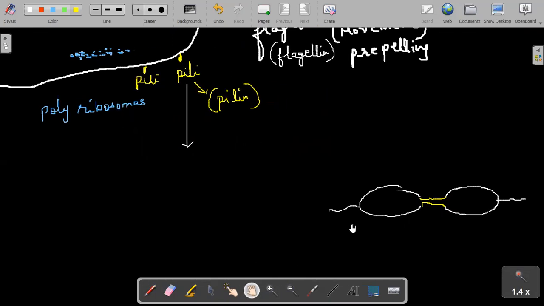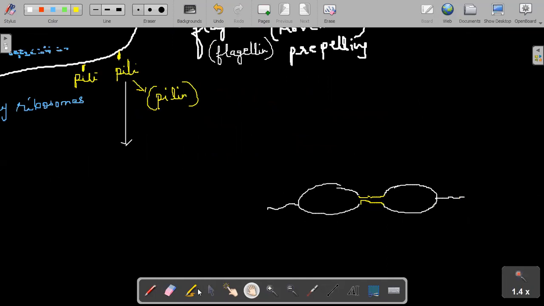Look at this. Pili of both the bacteria fuse together, and what you end up getting is a pilin tube. Now, if this bacteria here has a double-stranded DNA, I call it the F+ strain. And this bacteria here does not have some genetic material.